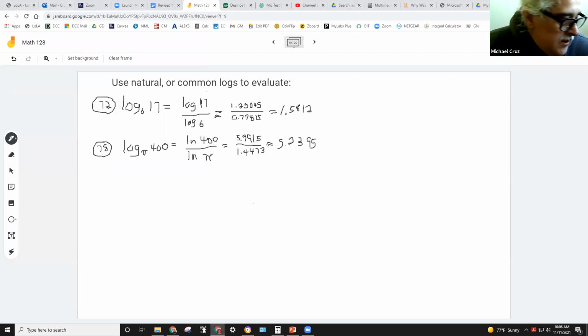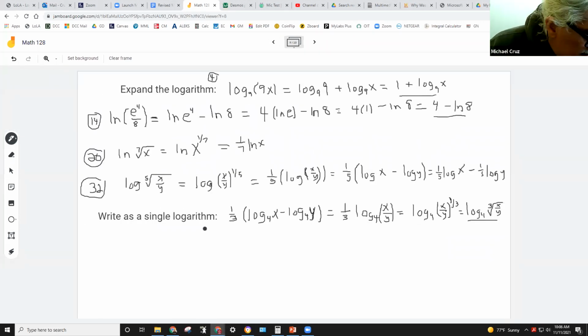All right, so I was going to try to do one more, but I don't know if there's enough time. I was going to try to do another one of these. I'll write it up here. An expanded one. I'm going to do it real quick.